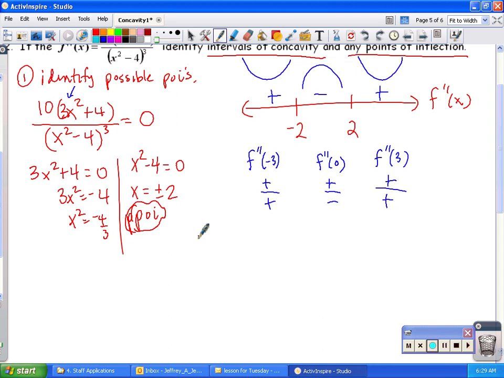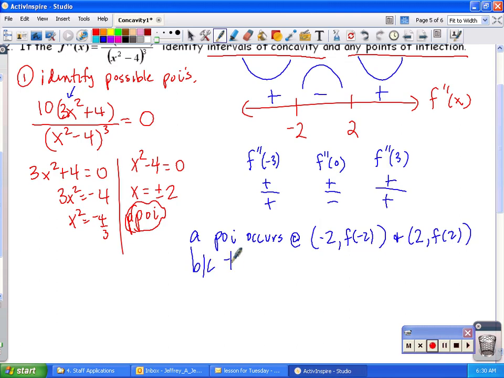Alright, let's try again. A point of inflection occurs at negative 2, f of negative 2, and 2, f of 2, because the second derivative changes sign at these values of x.